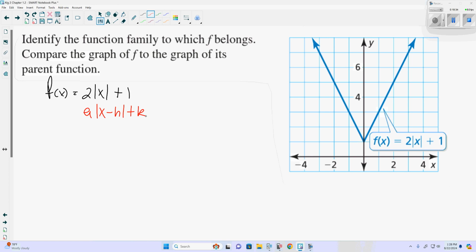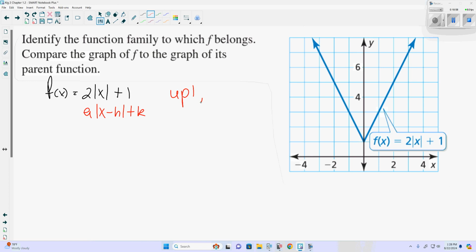Well, what is our value of k? 1. So it's telling us it's doing what? It's moving 1 up, because k, up and down, is just like it looks. So one of our movements is up 1. There's no value of h, so it doesn't move left or right, which we can see in the graph.